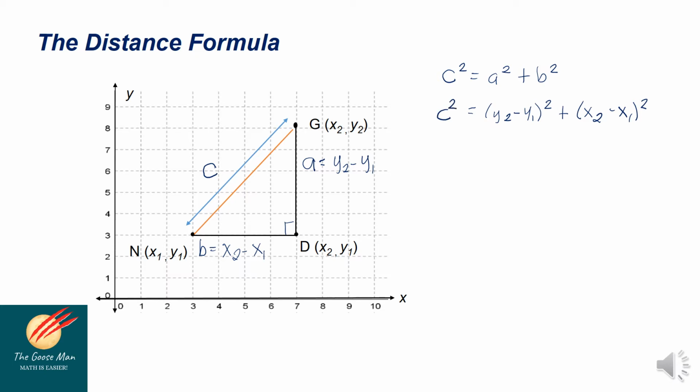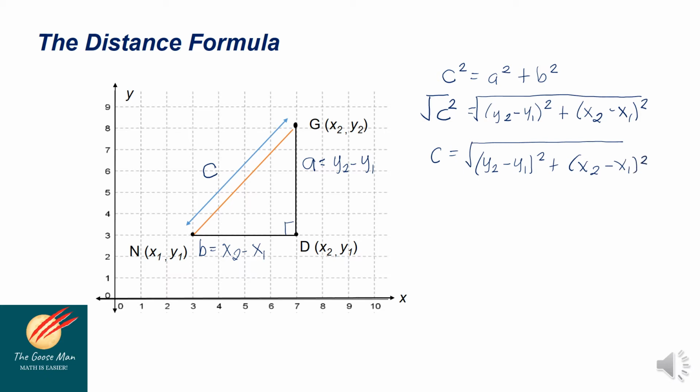However, I want to find the value of my hypotenuse c. So I'll take the square root of both sides of the equation. So c is equal to the square root of (y sub 2 minus y sub 1) squared plus (x sub 2 minus x sub 1) squared.